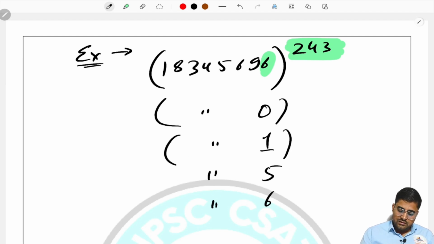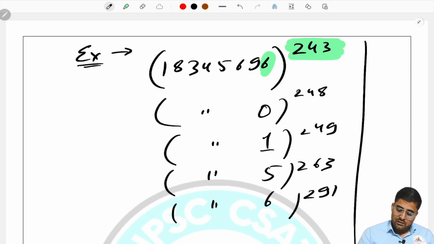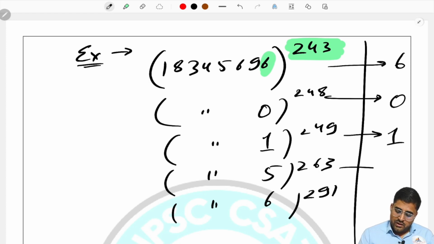The unit digit will always be that number itself, like 263, 291. So it's a no-brainer thing.